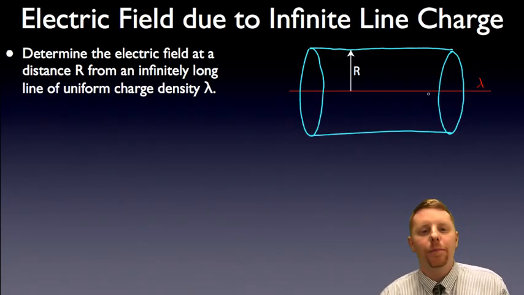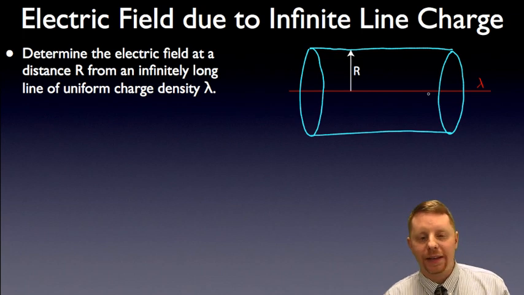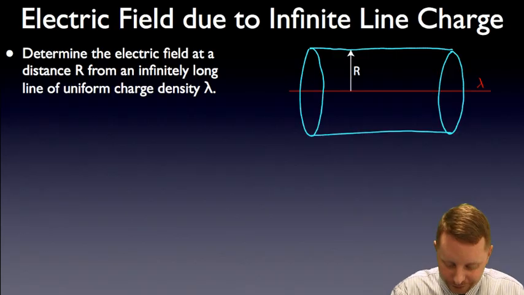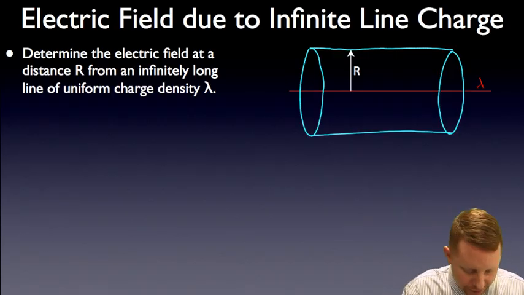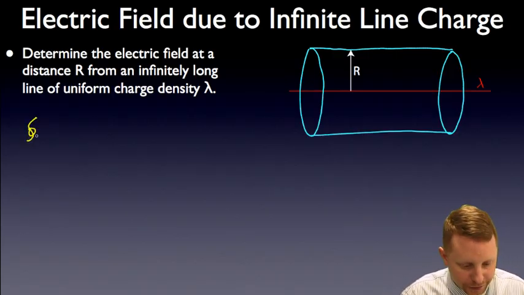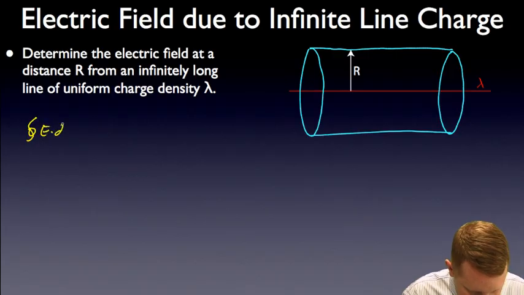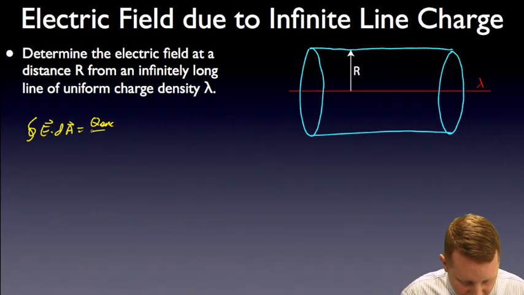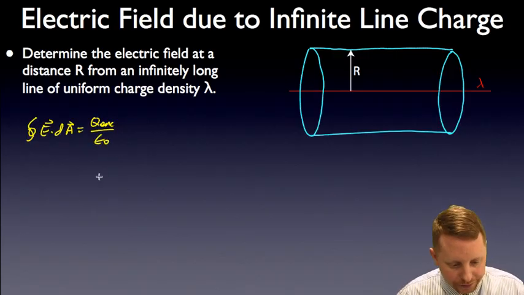That's going to make this much more helpful, and where Gauss's law becomes practically useful is when you have these conditions of symmetry. So, we'll start again. Integral over the closed surface of E dot dA equals the enclosed charge divided by epsilon naught.